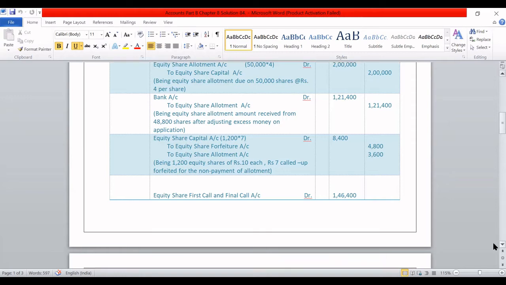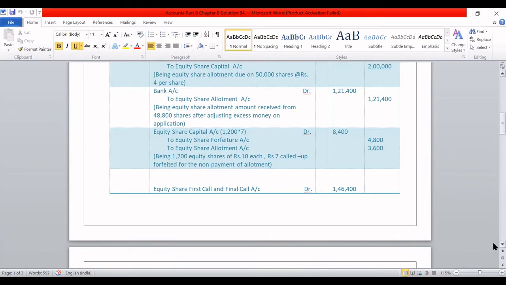Next is the bank, that is the allotment money received. First of all, we passed it for the allotment due. Now we are passing it for the allotment money received. So bank account debit to equity share allotment account. Over here we see that only 48,800 shares were received because Ramu has failed to pay his amount.